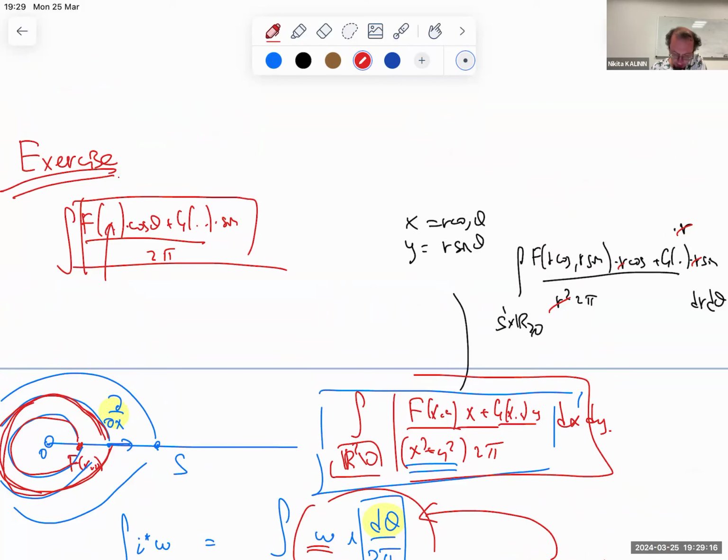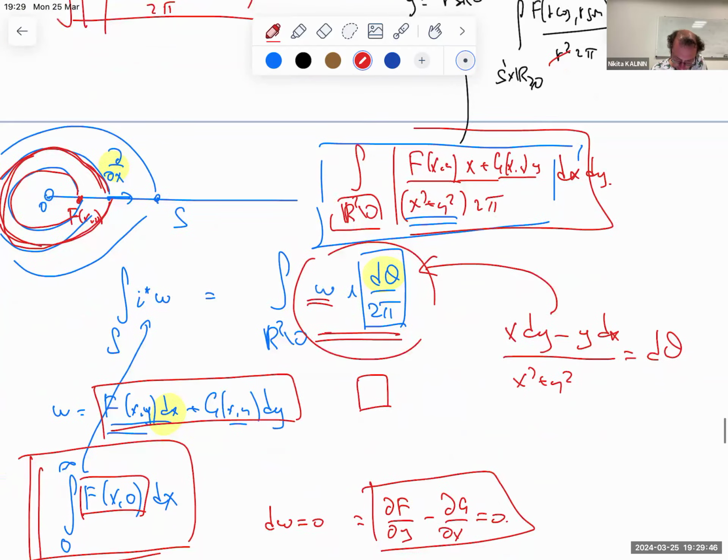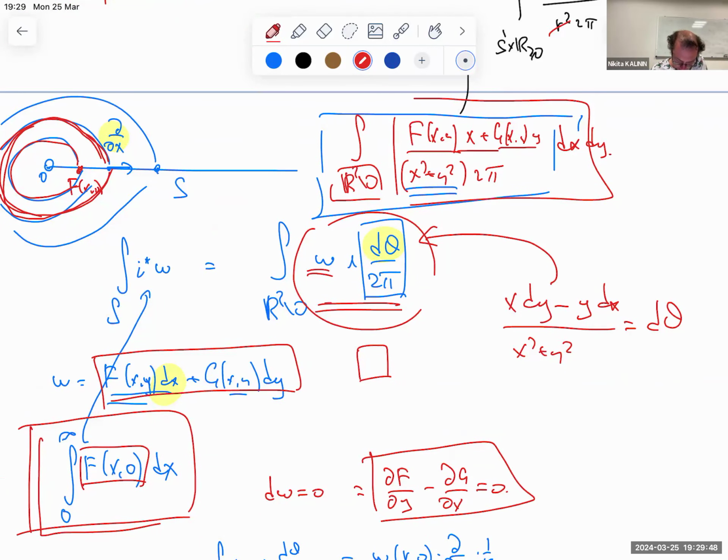So you have an integral over d theta of such a thing, and you just need to compute fy minus gx in polar coordinates, and that will give you a condition, and then you can compute this integral.